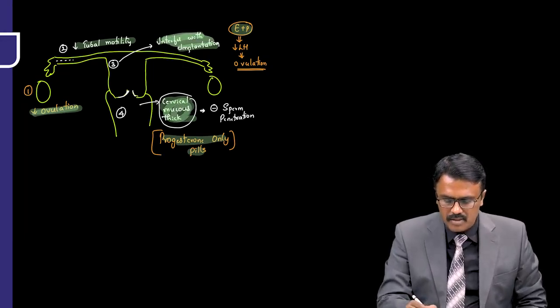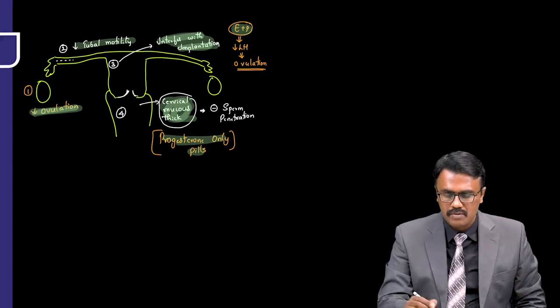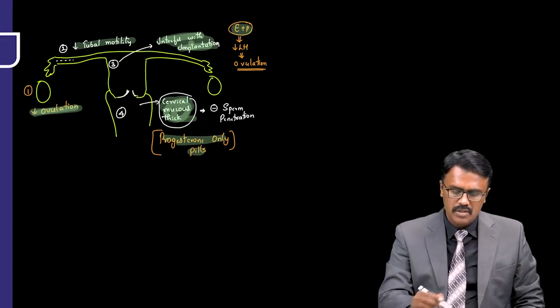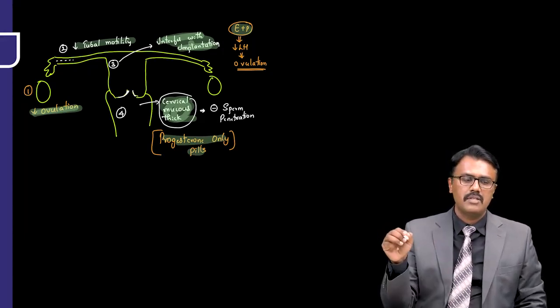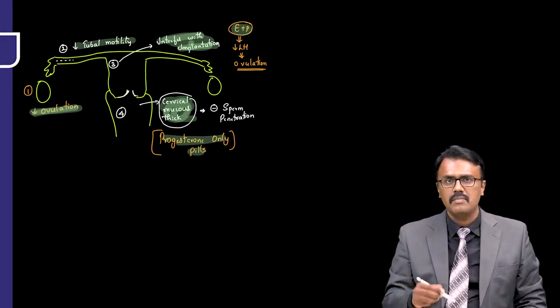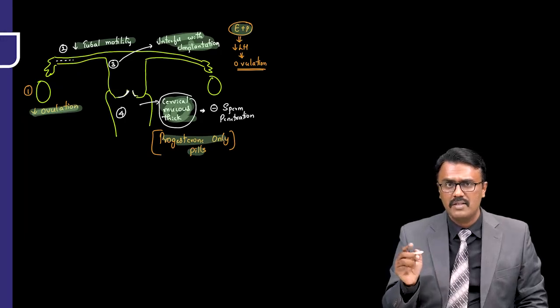And for emergency contraceptives, the major mechanism is to interfere with implantation of the zygote. So this question was asked: all are mechanisms of contraceptives except, and they gave all the mechanisms and one more, increasing LH. They don't increase LH. If you increase LH, there is ovulation.